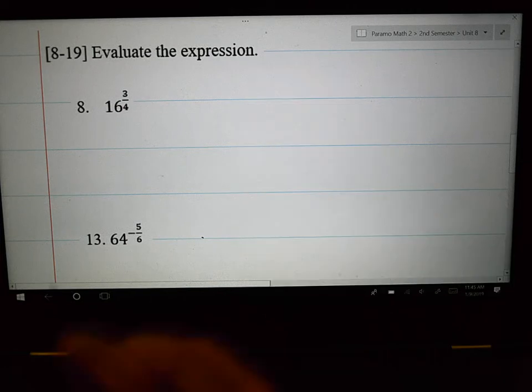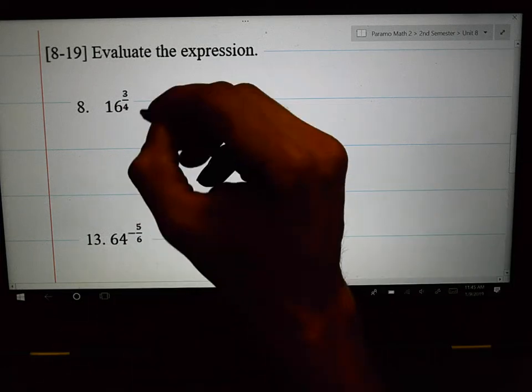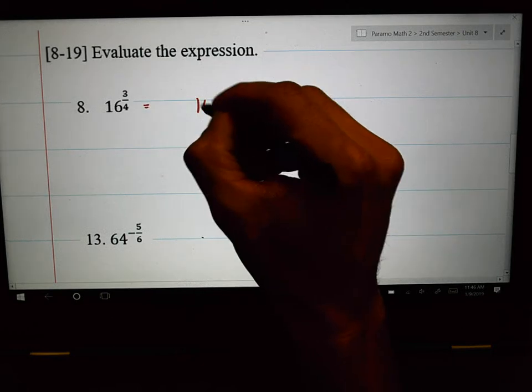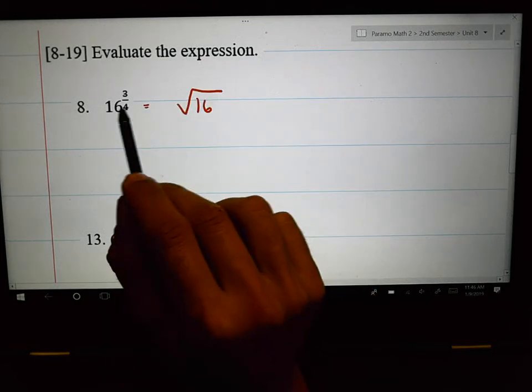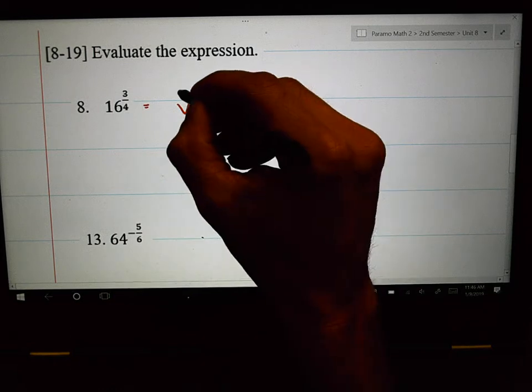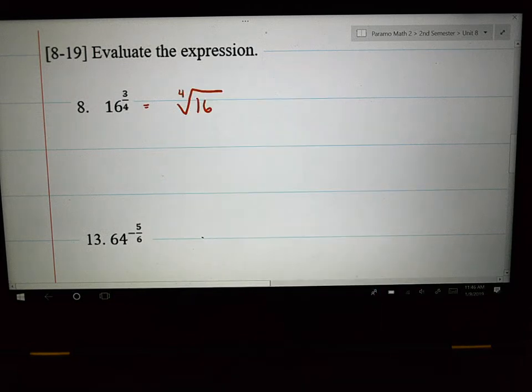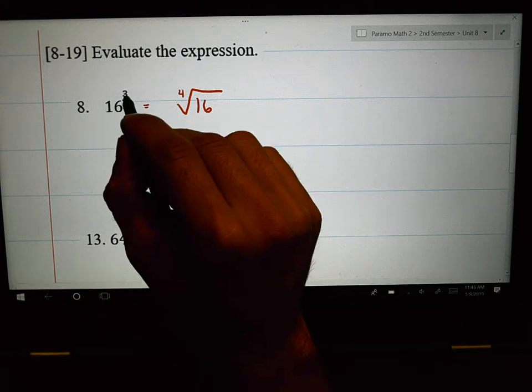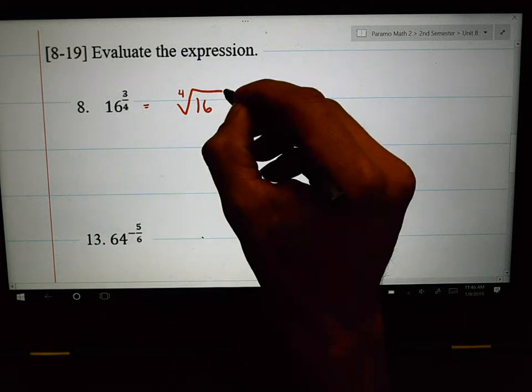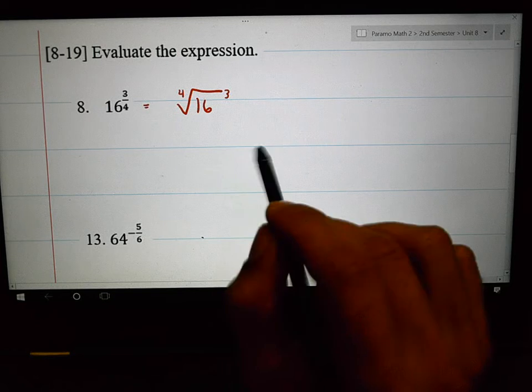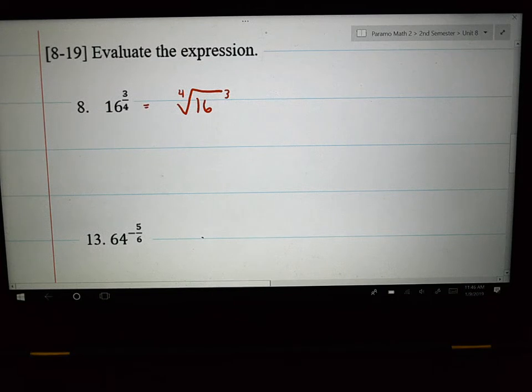The first thing you do is you convert it. This is the 4th root. I put the 4 right there inside that little v. The exponent is a 3. I usually will put the 3 outside of the radical just like that.